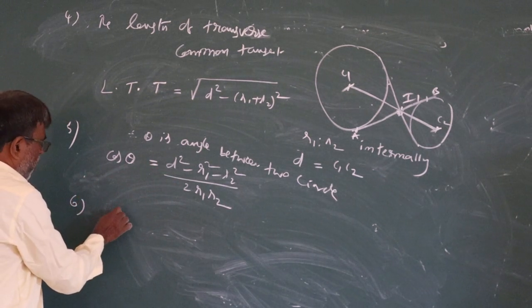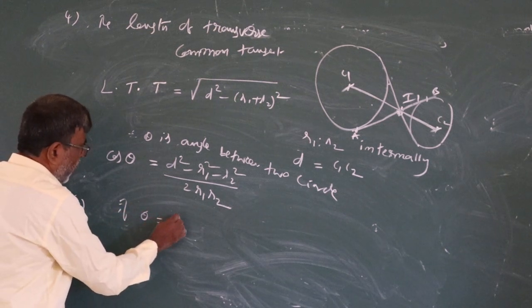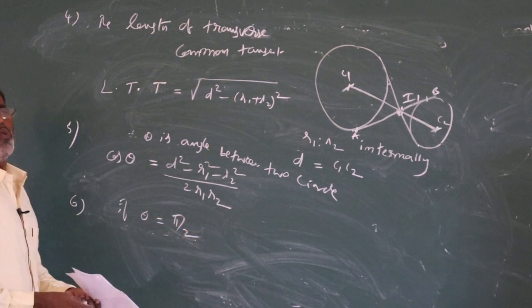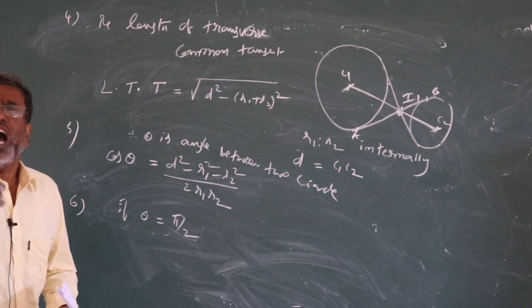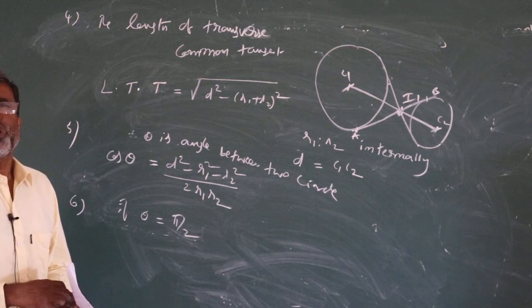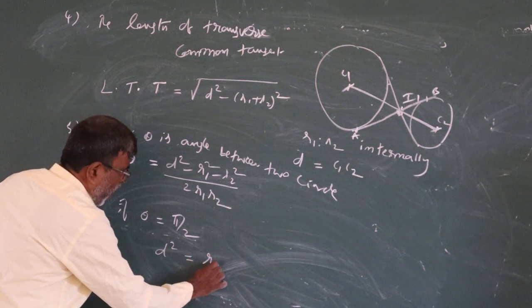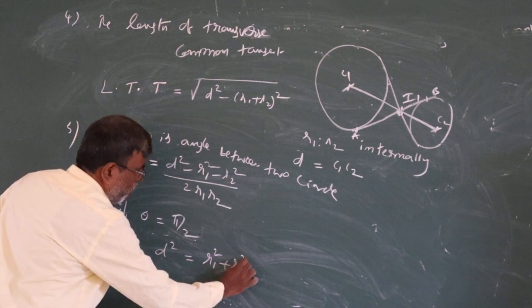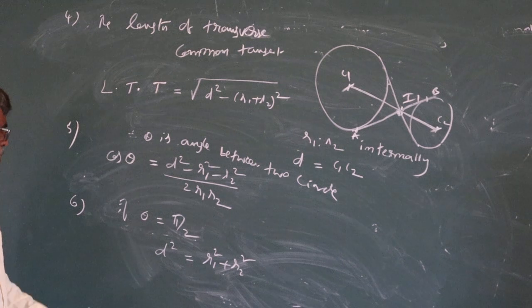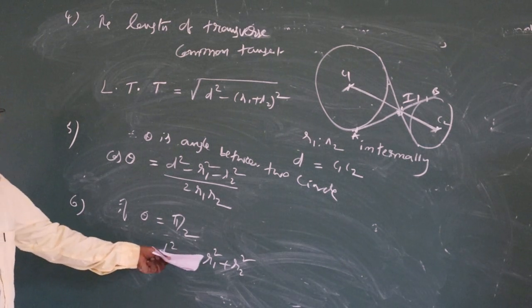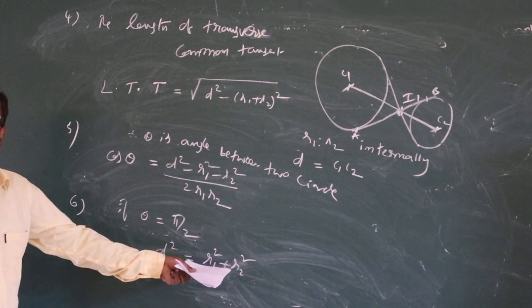Sixth one: if theta equals 90 degrees, the two circles intersect orthogonally. Then what is the condition? d square equals r1 square plus r2 square, where d is the distance between the centers and r1, r2 are their radii.